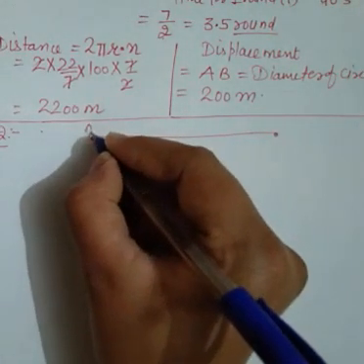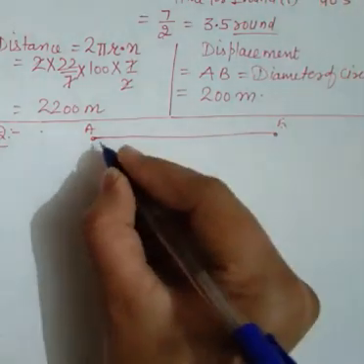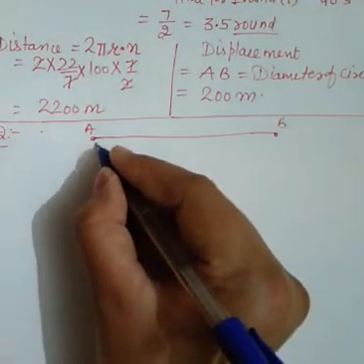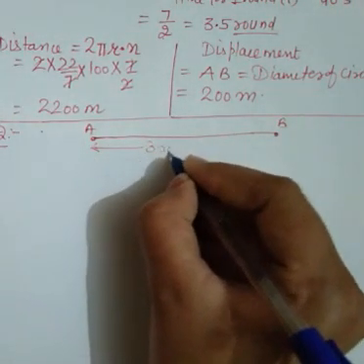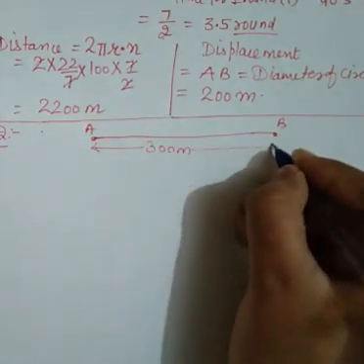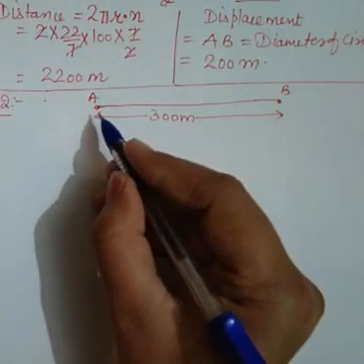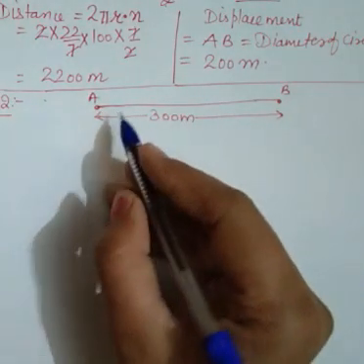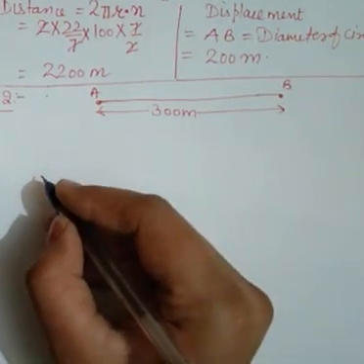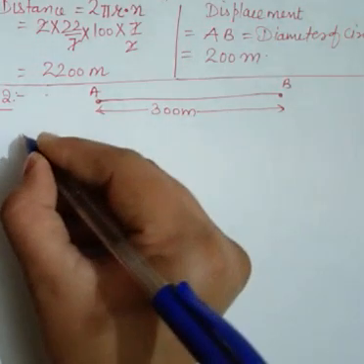Let it be A, let it be B. From A to B, total distance is 300 meter. And time taken to jog from A to B is 2 minutes 30 seconds.